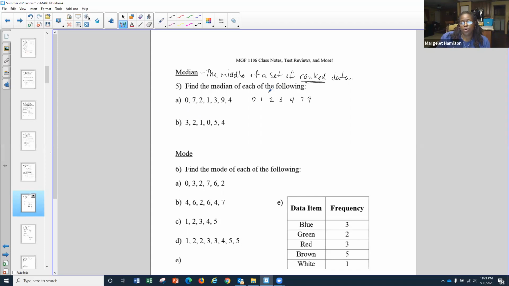So we've already ordered our data, right? Now we're going to get the value that's right in the middle. This value 3 is right in the middle of our data. So the median is 3.